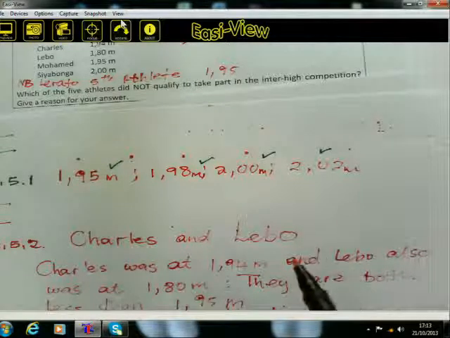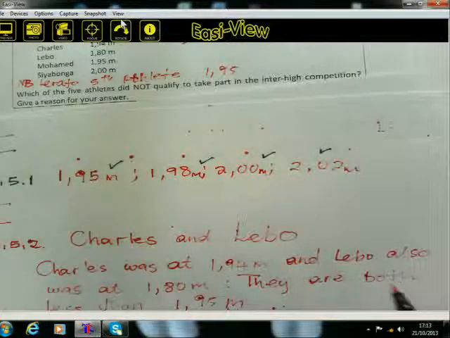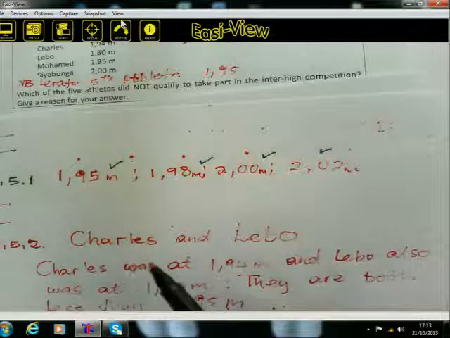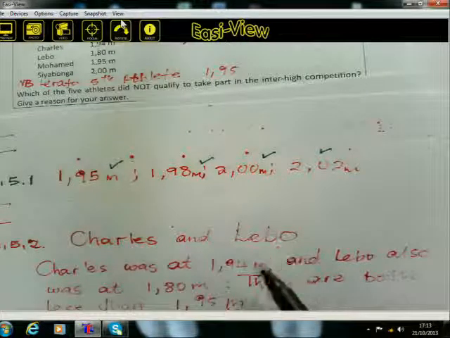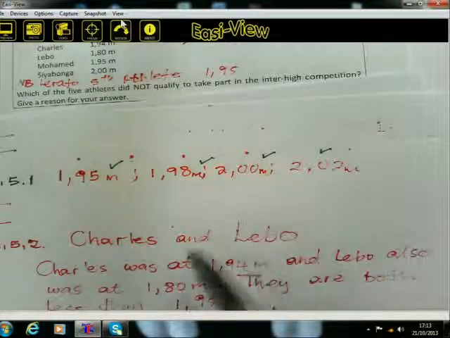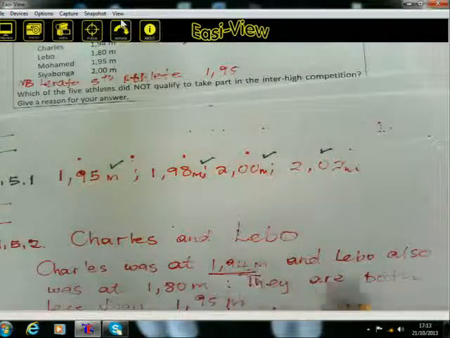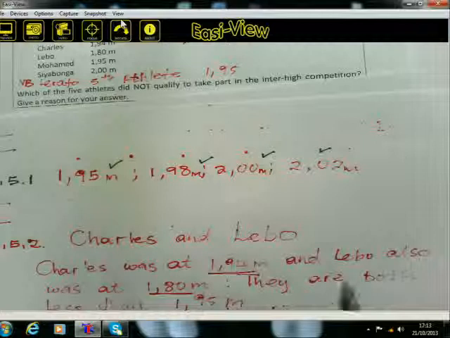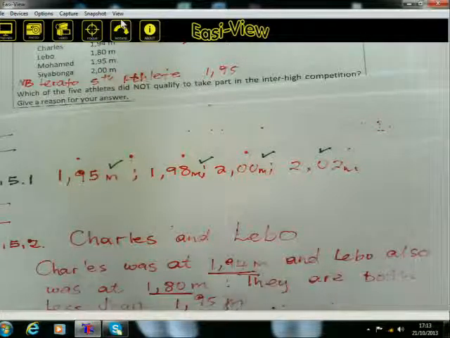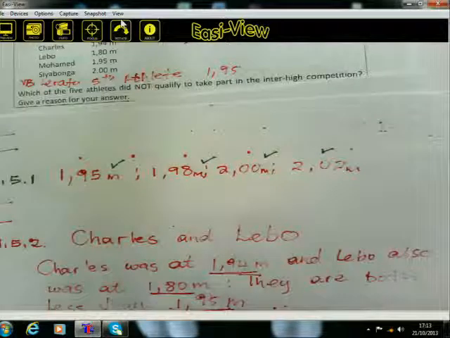So the people that did not qualify for the inter-high competition were Charles and Lebu. For the reason, because Charles got 1,94 meters and Lebu got 1,8 meters. So both of them were less than 1,95 meters.